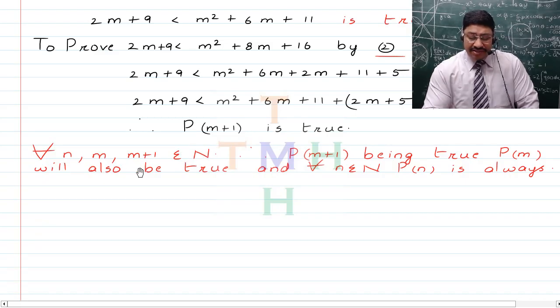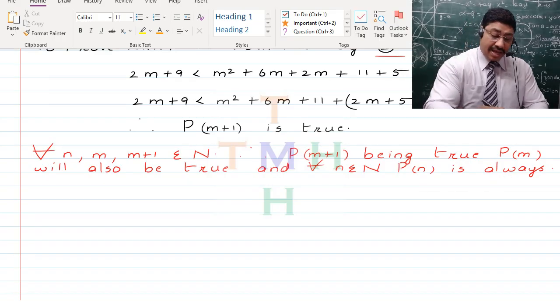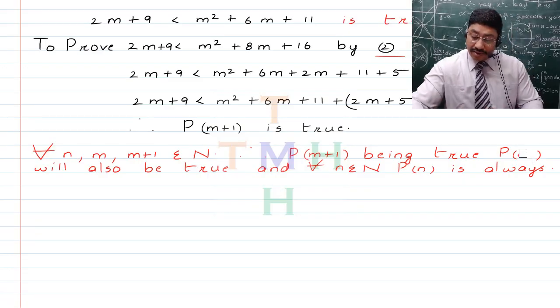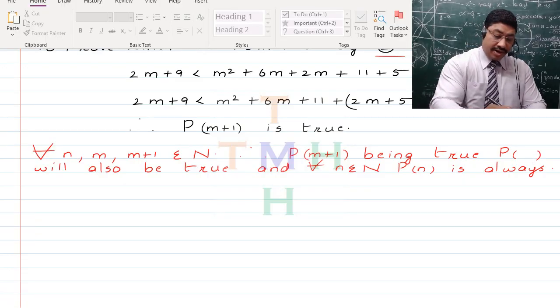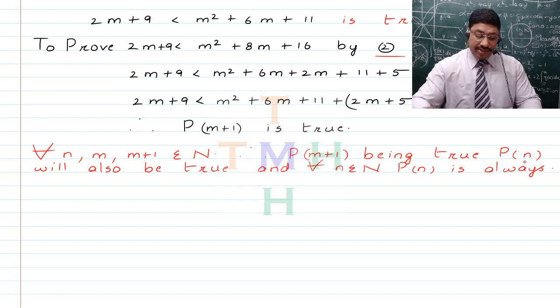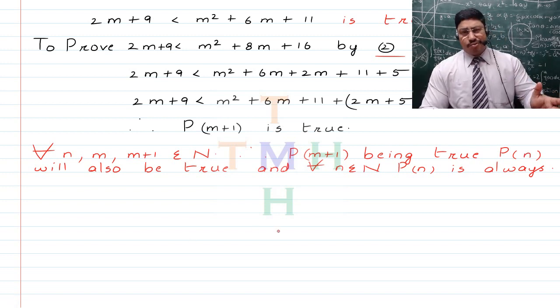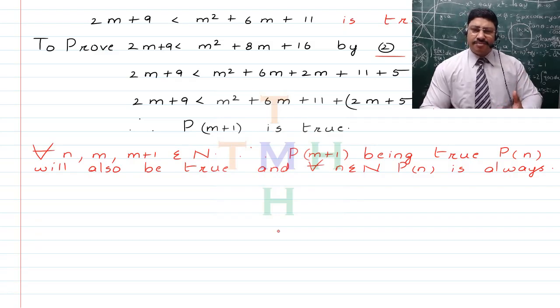So as all of these are from the set of natural numbers, if you talk about the statement P, where in place of n you keep m plus 1, if it is true as we've just shown it, then obviously you will have not PM but Pn, which is what you had to actually prove, will also be always true, because n is a value from the set of natural numbers, and m plus 1 also will be a number from the set of natural numbers. So as such, from the set of natural numbers, this statement P will always remain true.